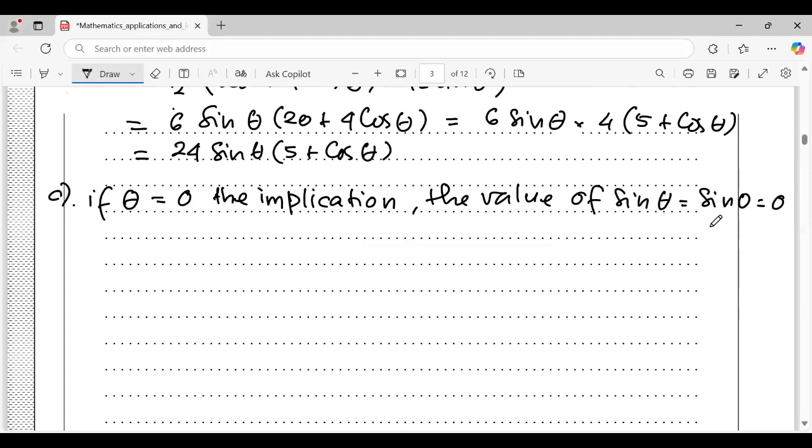And if sine 0 equals 0, it means h equals sine 0, which equals 0. So the value of volume will be 0 and it's impossible.